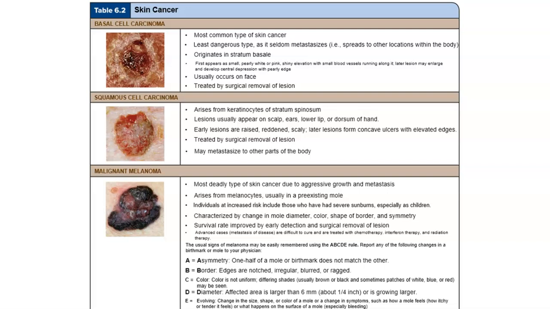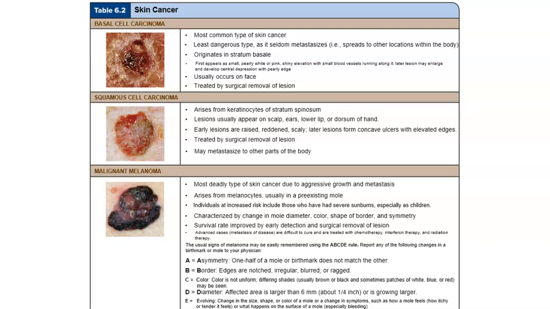Is it one shade of brown throughout? Is it brown with black and red or other colors mixed in? Well, one color is good. Many colors is not. D is for diameter. If it is larger than a pencil eraser, it warrants observation and potentially getting checked.